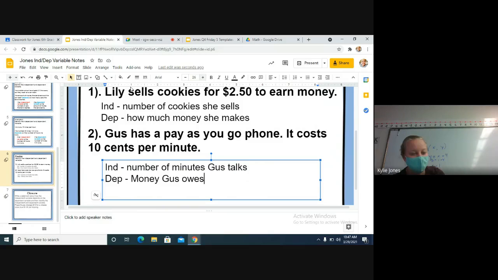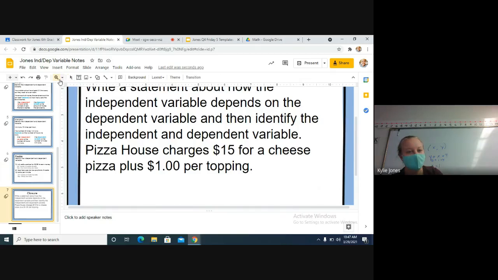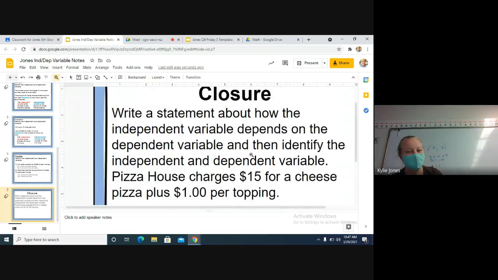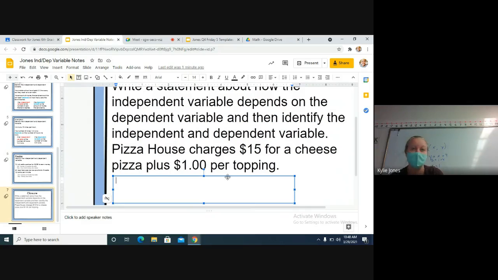So let's look at slide number 7, our last one, closure. Let me zoom out a tiny bit. That's good. Okay, so it says write a statement about how the dependent variable depends on, or sorry, the independent variable depends on the dependent variable, and then identify the independent and dependent variable. So our first one here says, we need to write a statement. I'm going to help you guys write this one. Does the dependent variable depend on the independent one?